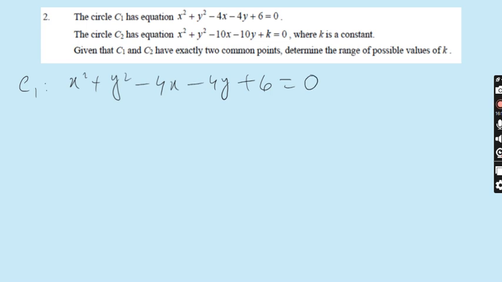The circle C2 has equation x square plus y square minus 10x minus 10y plus k equals 0, where k is a constant. Given that C1 and C2 have exactly two common points, determine the range of possible values of k. So this is very important.